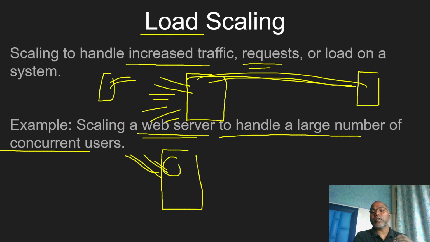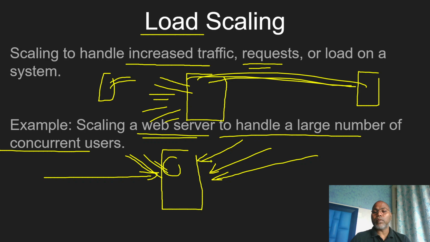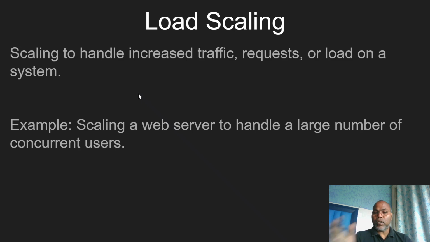Multiple people are accessing at the same time, maybe 1,000, maybe 500, I don't know. So if the concurrent user traffic in your web application is going to increase, then you apply load scaling. You have to apply scaling at the request level and web server level.